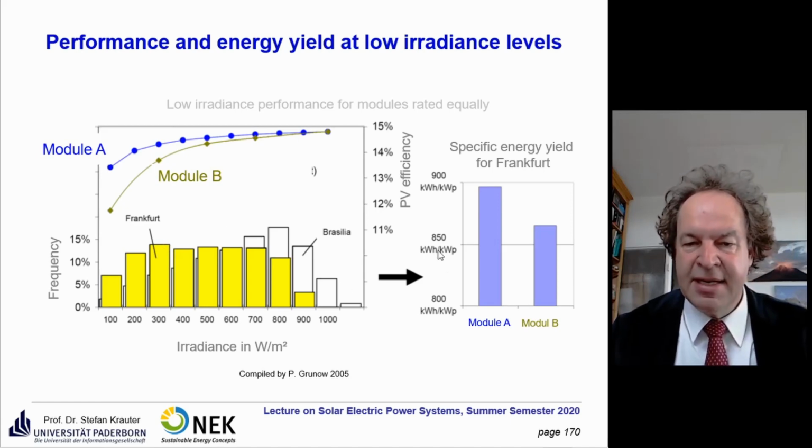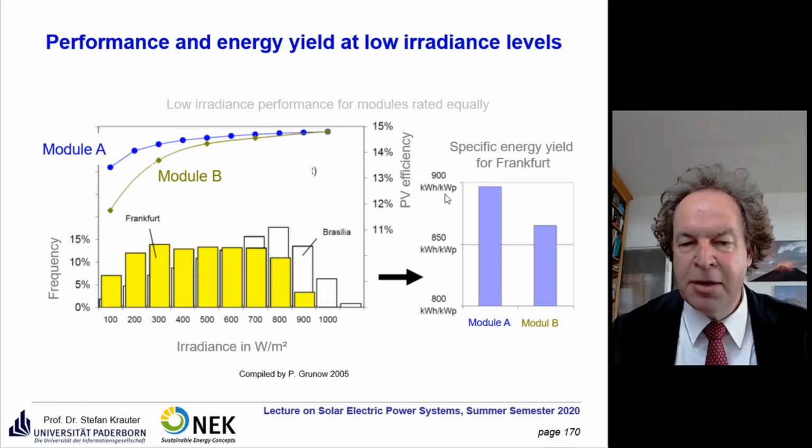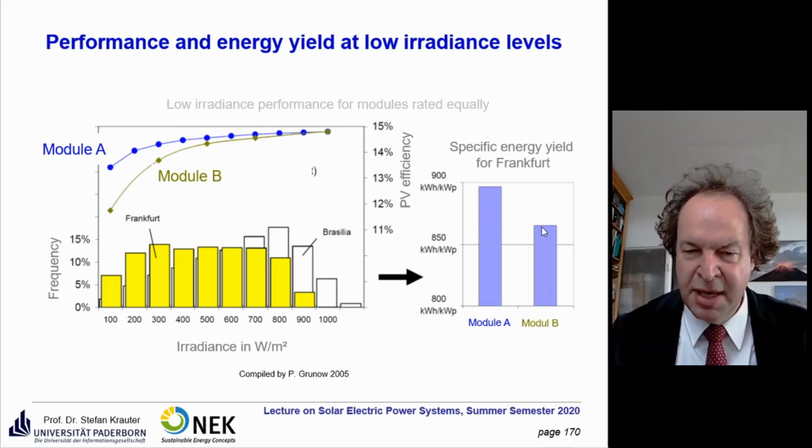And so for Frankfurt, you see the specific energy yield, as we discussed before, kilowatt hours per year per kilowatt peak installed. Module A is performing slightly better, and you get 900 kilowatt hours of electricity per year per kilowatt installed. While if you choose module B, you only have, how much is it?